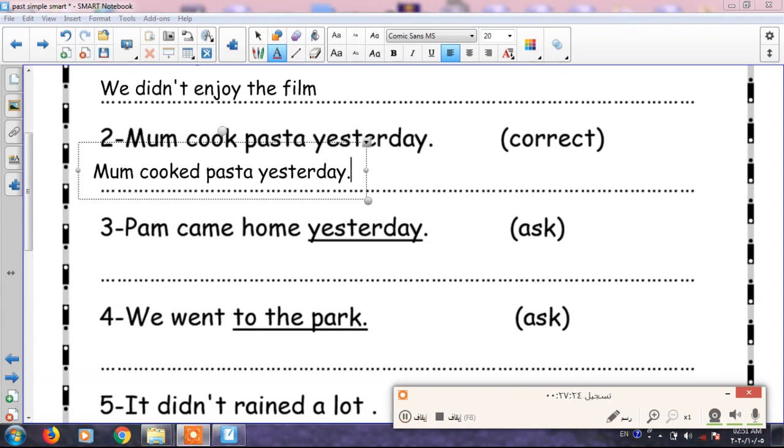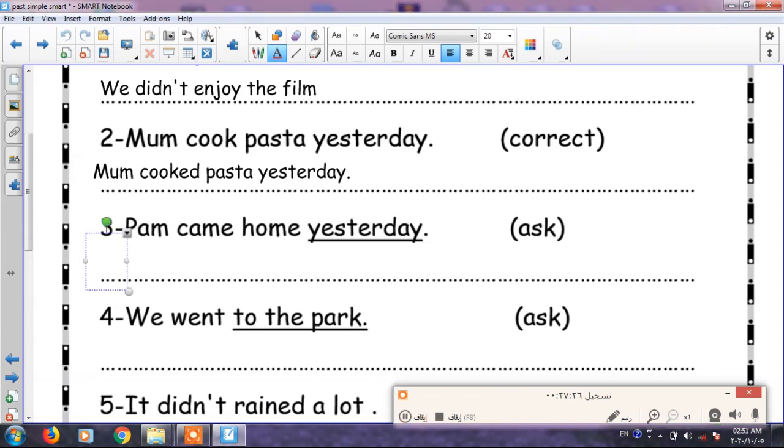Here, Junior 4, number 3. Pam came home yesterday. Ask, and here ask means make a question. And here, what is the word that I underlined? It is yesterday. So yesterday is a place or a time? Yesterday is time, of course. So when I want to ask about time, I use when.